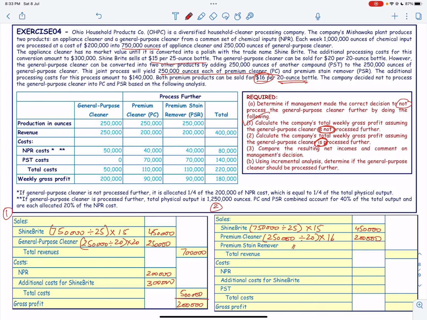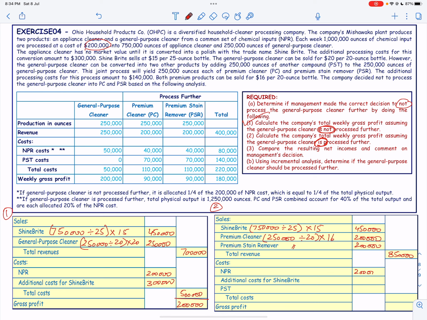The joint process will yield 250,000 ounces each of premium cleaner and premium stainer, and both premium products can be sold for 16 and 20, so that is 200,000 over here, and the total revenue will be 850,000. The costs are going to be 200,000, that is already there.